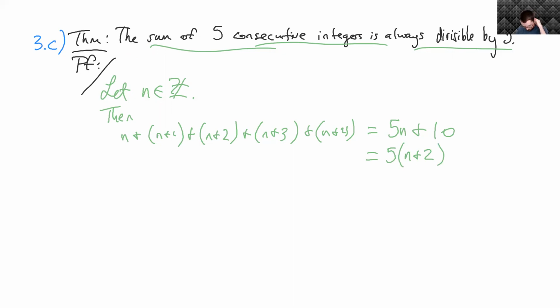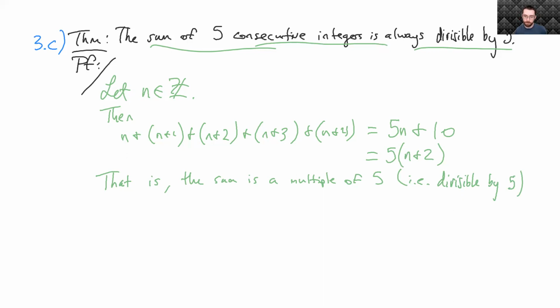So I'll say the sum is a multiple of 5, which is the same as saying it's divisible by 5. It's 5 times an integer, I should say. It's good to mention here that this piece is an integer. But that's pretty much sufficient.